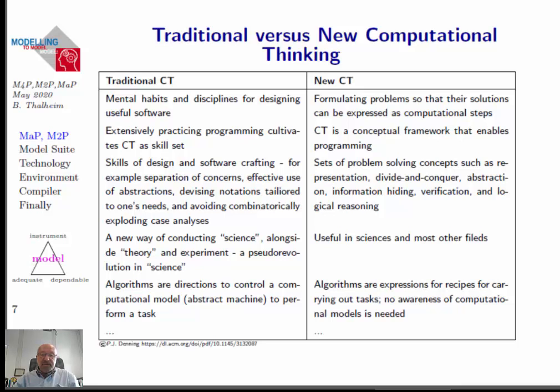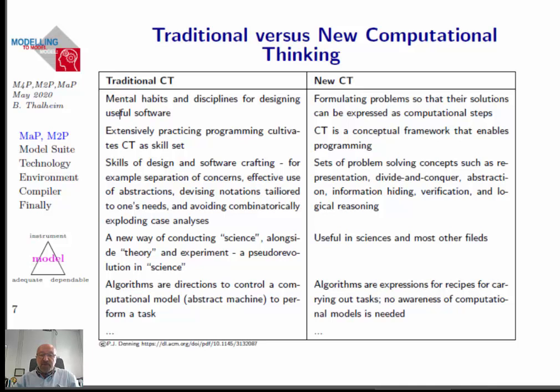To compare it with the new computational thinking, we have to somehow accept that instead of mental habits and disciplines, problem formulation is now used so that their solution can be expressed also as a computational step. Computational thinking is a conceptual framework that enables programming.